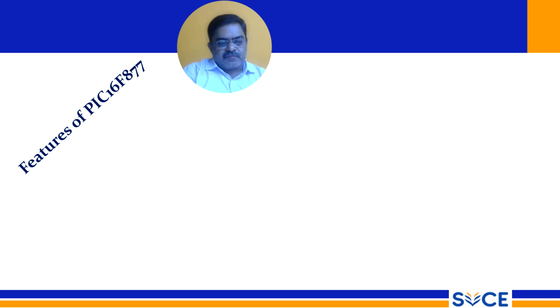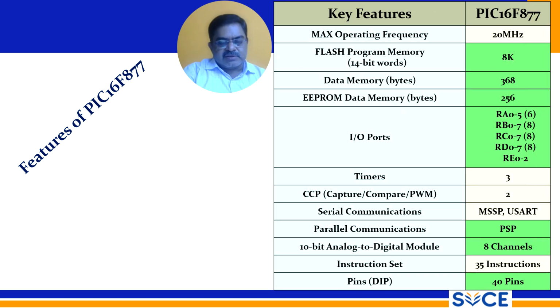So the features of PIC 16F877. These are the key features. Maximum operating frequency is 20 megahertz. Flash program memory is 14-bit words, 8K, and we have data memory of 368 bytes, and EEPROM data memory of 256 bytes.